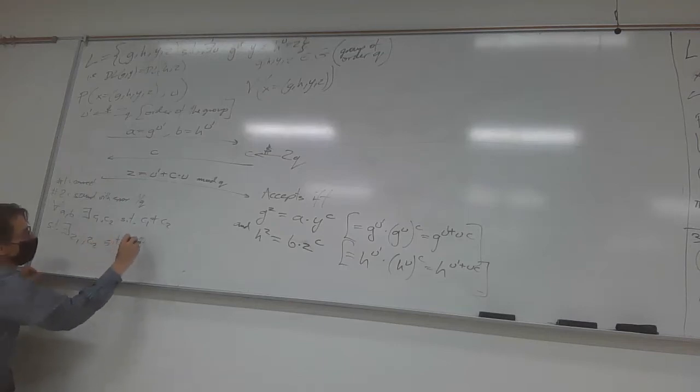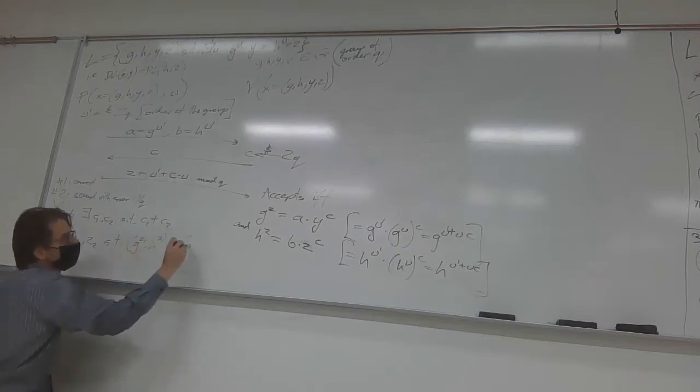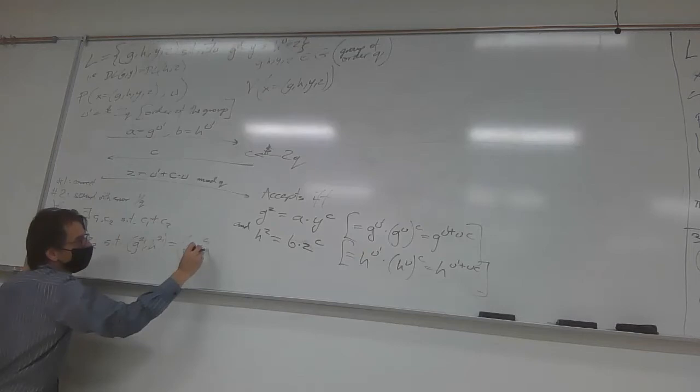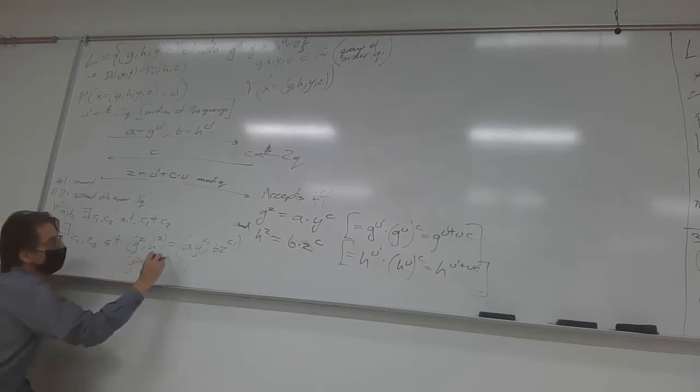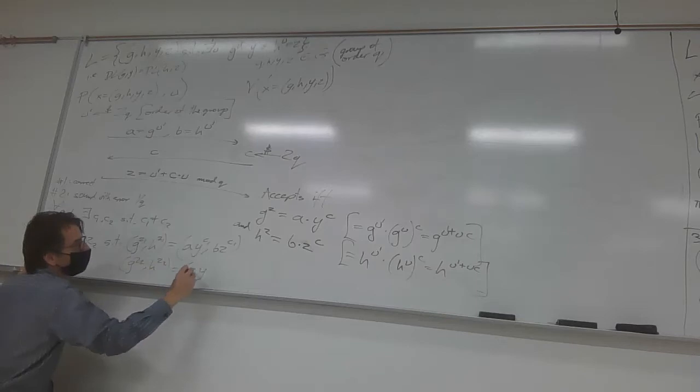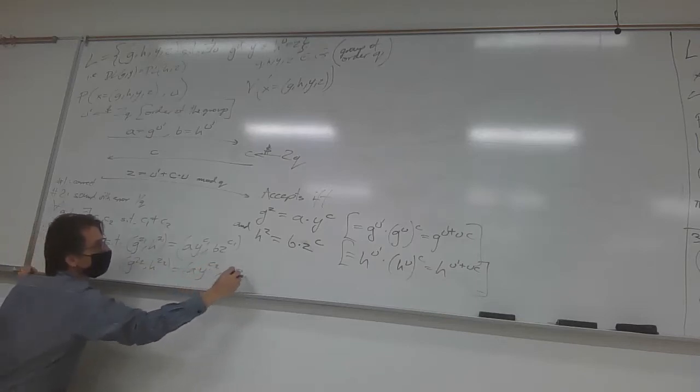G to the Z1 and H to the Z1 must be equal to A, Y to the C1, B, Z to the C1. And also Z2 works. So G to the Z2, H to the Z2 is equal to A, Y to the C2, B, Z to the C2.